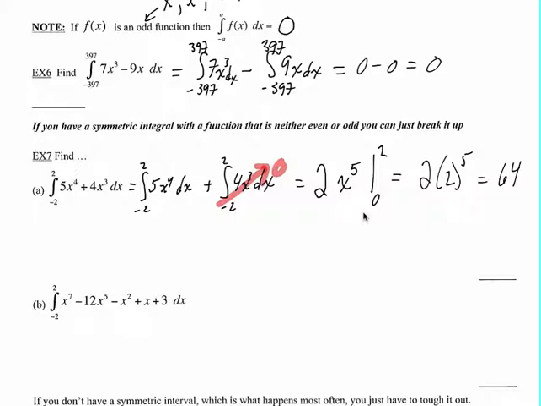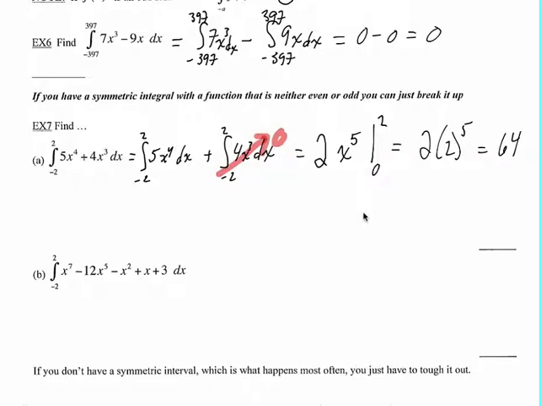The last one here, we can kind of work our way through this. We notice that we're symmetric about the y-axis. The first function is odd, so this we know is going to become 0.